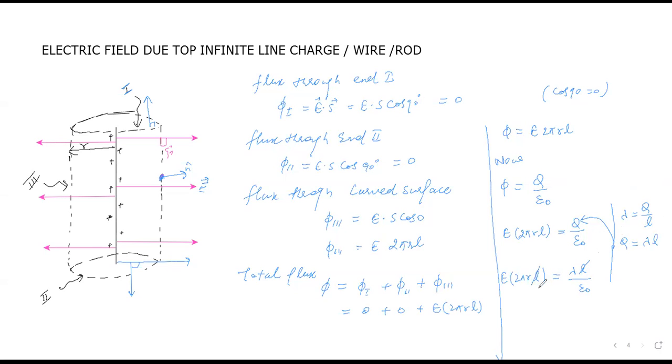L is cancelled with L. You get E is equal to lambda over 2 pi epsilon naught R.